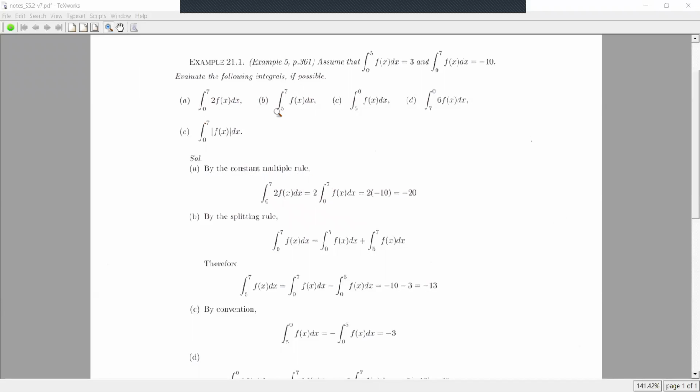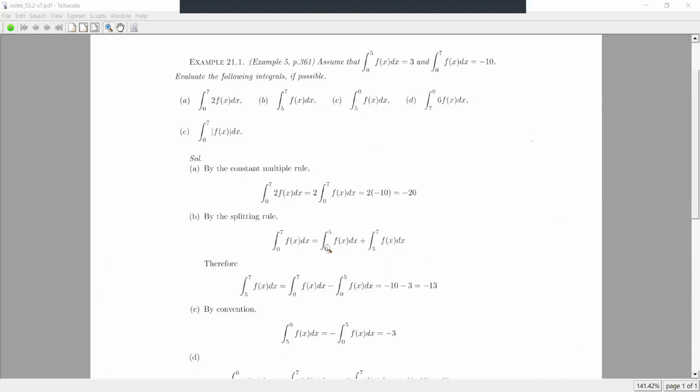B, find the integral from 5 to 7. We are given 0 to 5 and 0 to 7, and we want to find 5 to 7. By the splitting rule, 0 to 7 can be split into 0 to 5 plus 5 to 7.